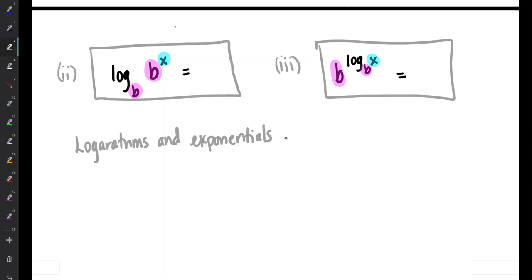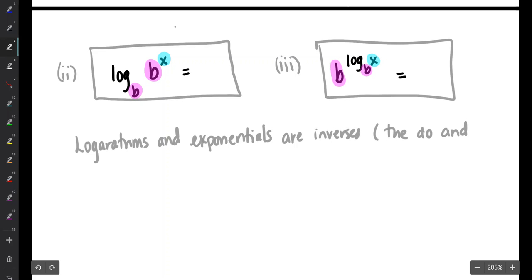They are inverses, much in the same way addition and subtraction are, and multiplication and division. They do and undo each other.